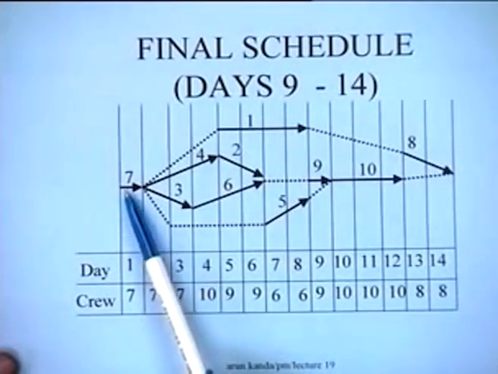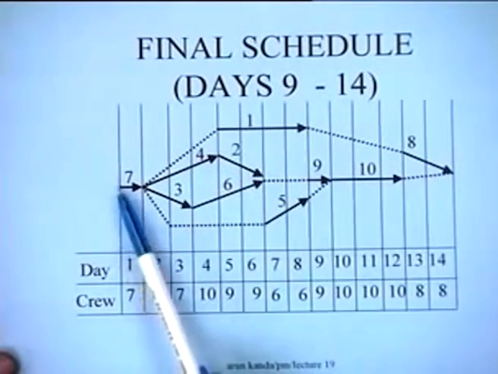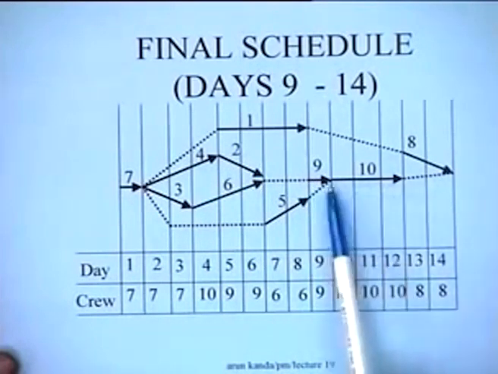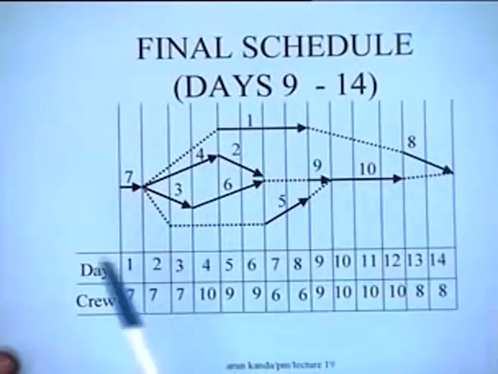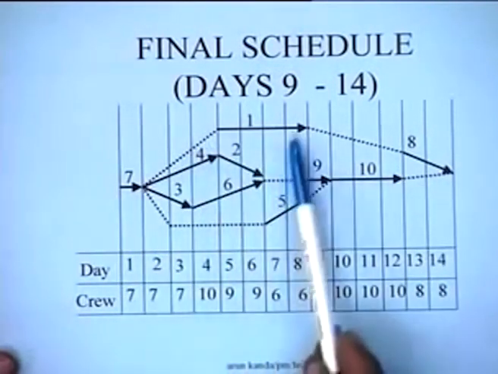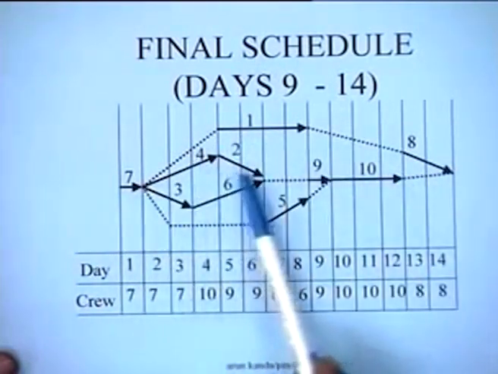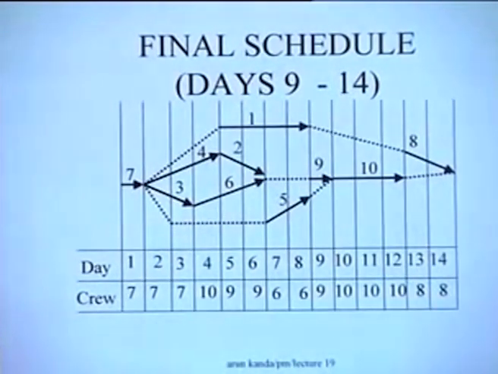Because earlier a critical path was an unconnected path, it was this one, and this was connected to this, and that was the critical path. Now there is no path in the problem which does not involve some kind of float. There is no path, this one, this one, this one, this one, isn't it? So is there a critical path in this problem now? What do you think?